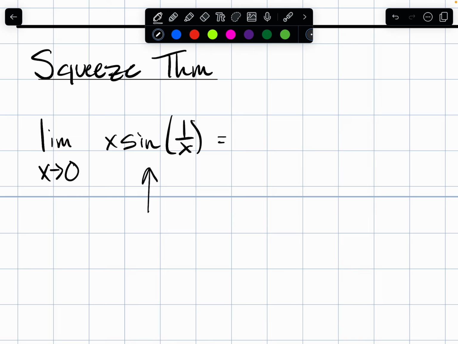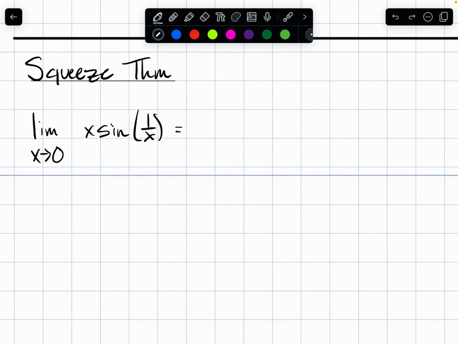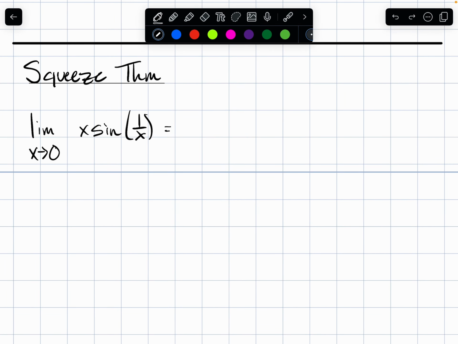What I do know is that sine is always going to stay between two values. I know that in general, sine of anything is going to stay in between 1 and negative 1.